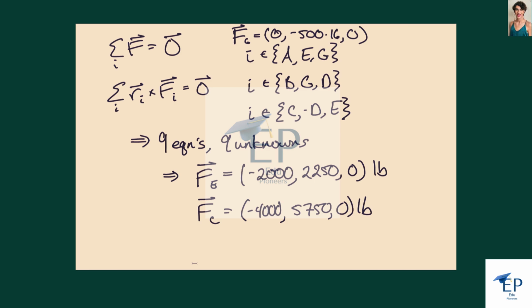We're only asked to figure out what FE and FC are, and FE is minus 2,000 pounds in the horizontal direction, 2,250 pounds in the vertical direction, and FC, we were asked for the internal force between the members, and it is minus 4,000 pounds in the horizontal direction and 5,750 pounds in the vertical direction.